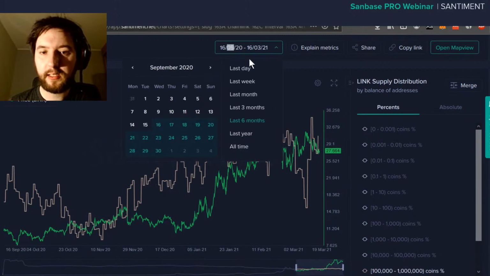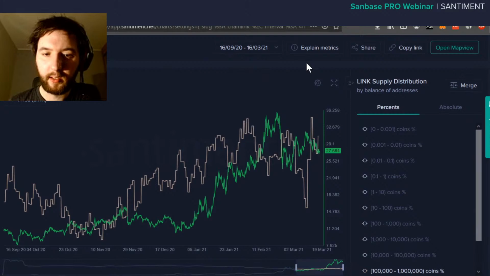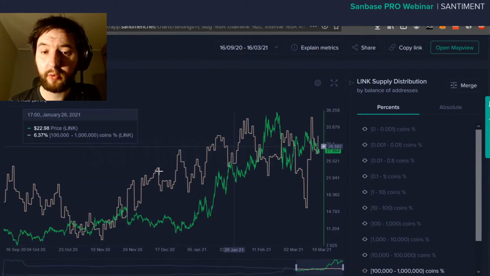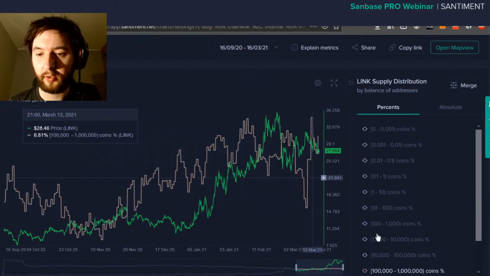So fairly easily, you can start to see patterns begin to form here. Even though the general pattern has been up since early November, there has been a period of distribution by large Chainlink holders, and then a long-term accumulation, similar to Bitcoin whales, despite several moves down, sometimes around local tops like here and here.